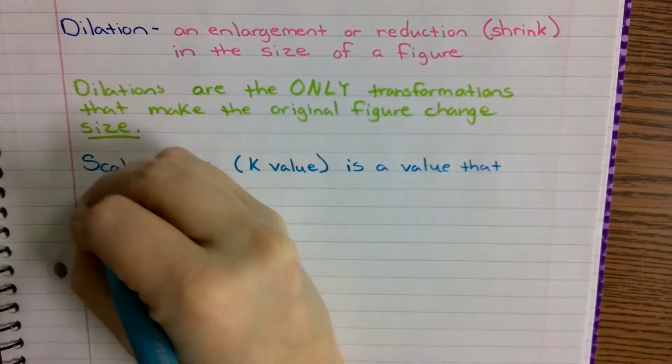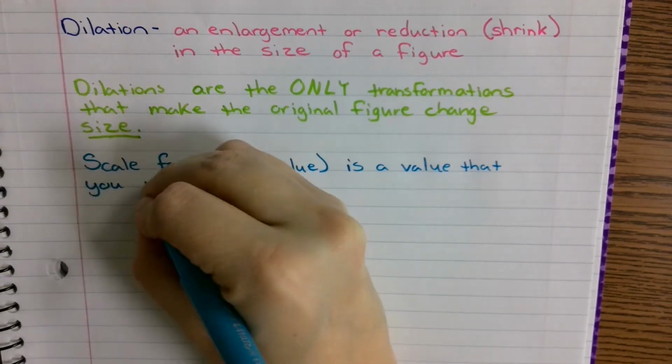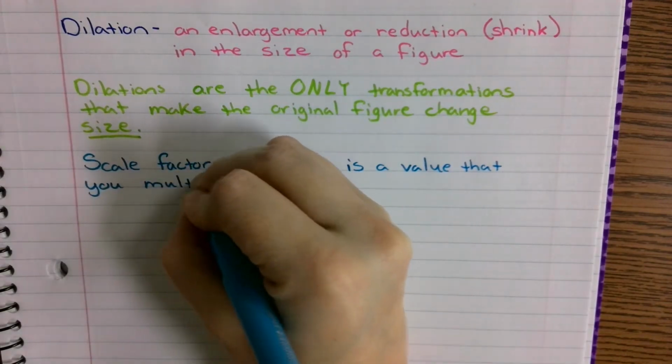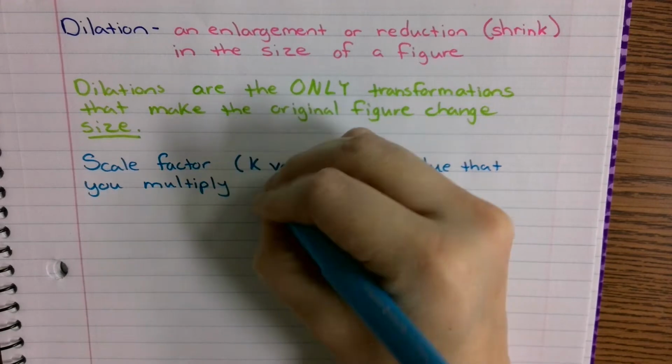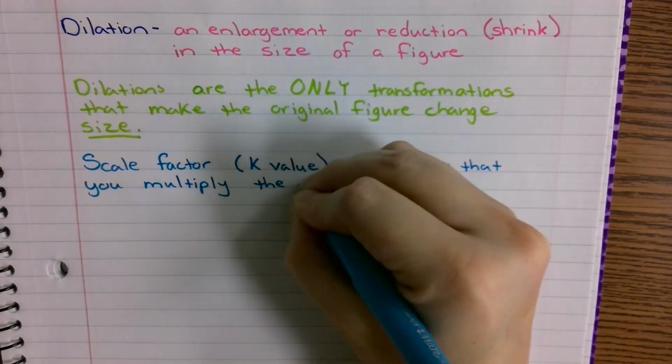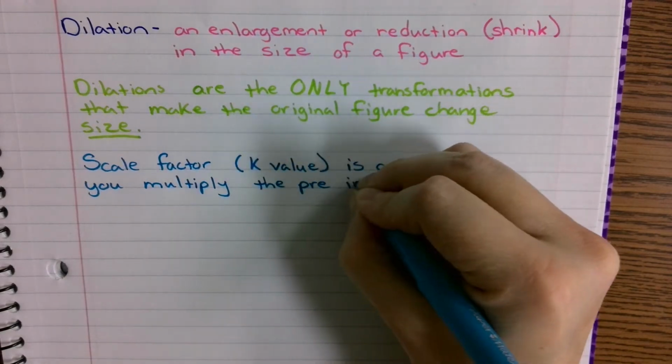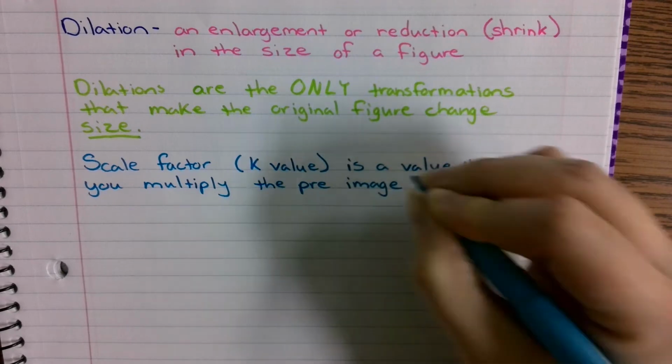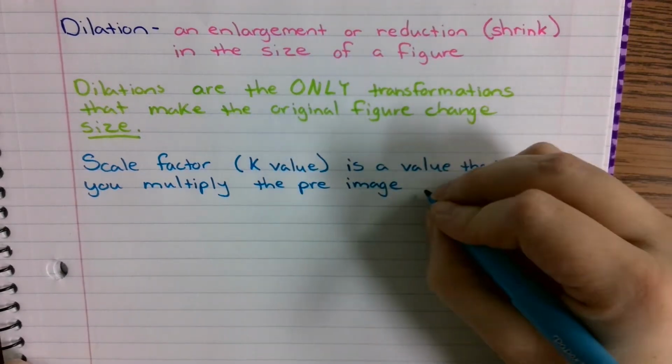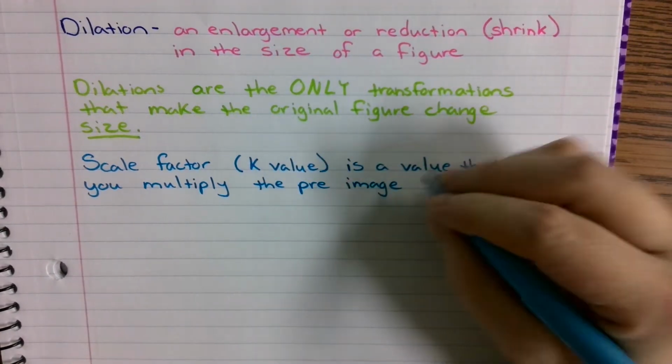And the way that it does that is because you are multiplying. You're going to multiply your pre-image by this scale factor in order to get the dilated image, whether it gets bigger or smaller.